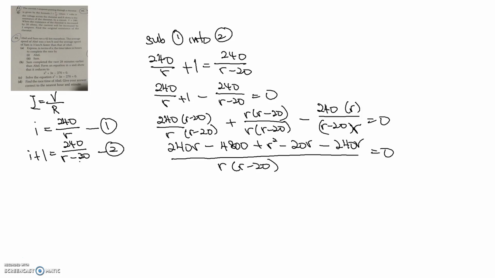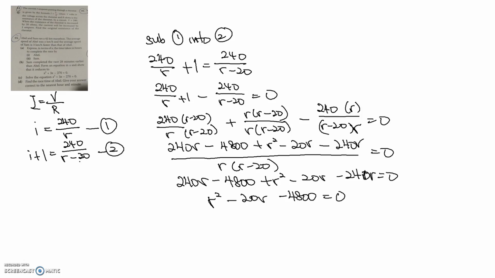Let me see if I got everything right. So 240R minus 4800 plus R squared minus 20R minus 240R equals 0. R squared minus 20R minus 4800 equals 0. Let me just check if I got that right. Yes, I got it right.